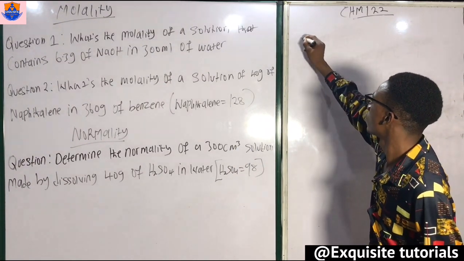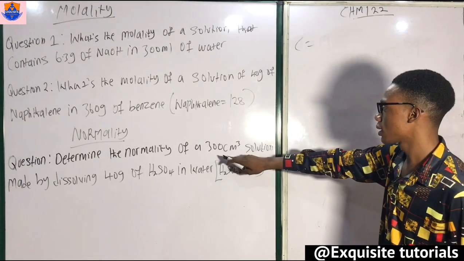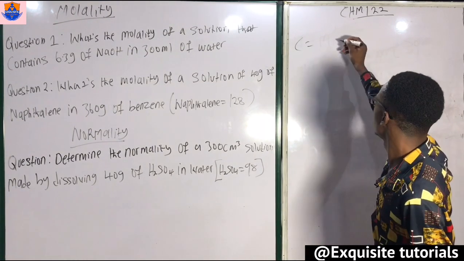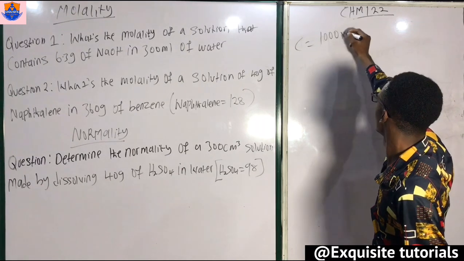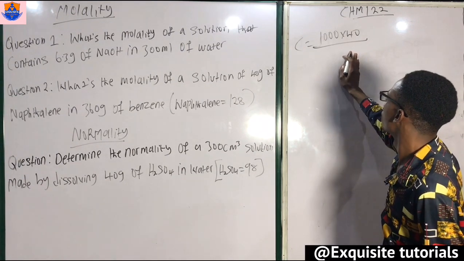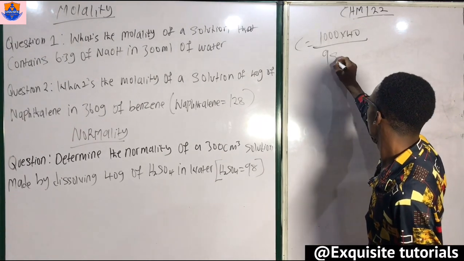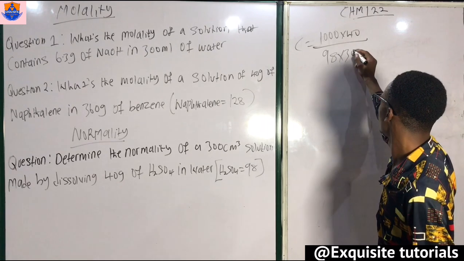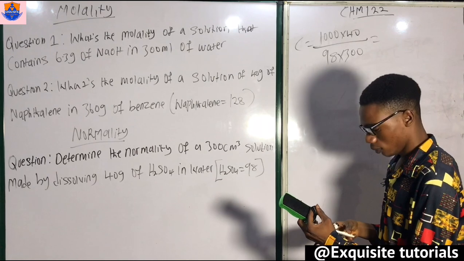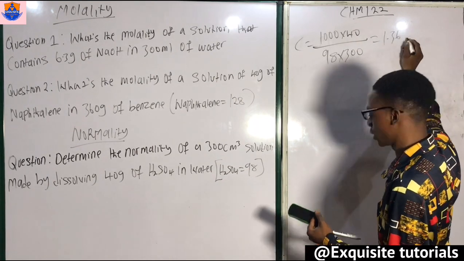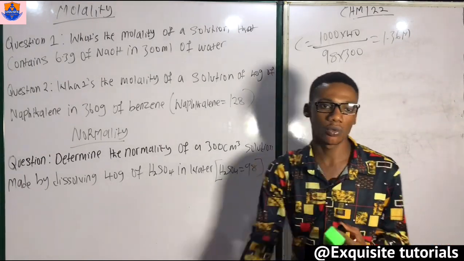Molarity, C, is equal to 1000 times the mass, 40, over the molar mass of the compound, 98, times the volume, 300. So we have this to be 1.36 molar. So now we find our normality.